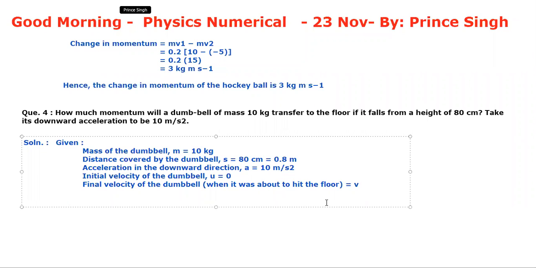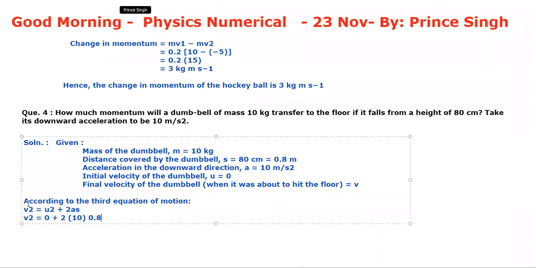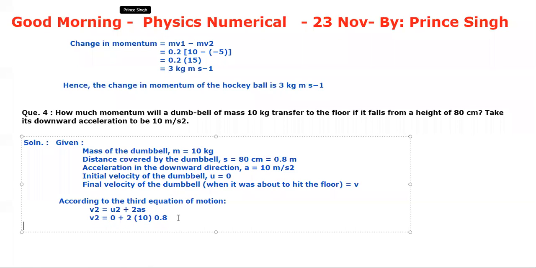So Tanmay and Harit both are correct. We will use the third equation of motion, that is v square equals u square plus 2as, and we will put the values, that is v square and u square, not v2 u2. Okay, we will put the values and take out the answer.